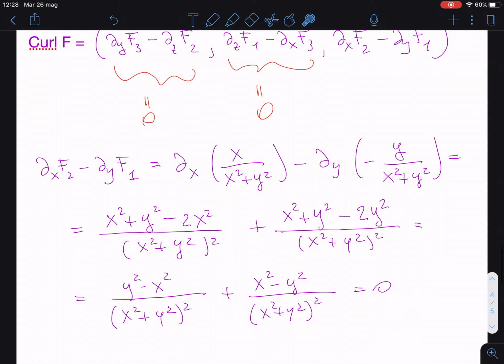So let us write down this computation, this component, and we have dx f2 minus dy f1. Here we just recall the expression of f2. Here it is, and the expression of f1. Here it is.